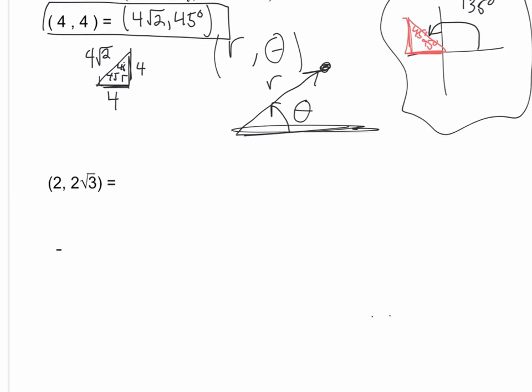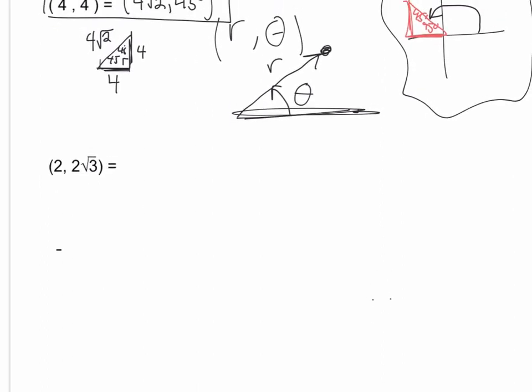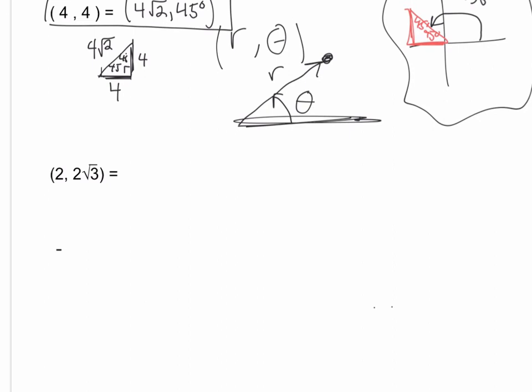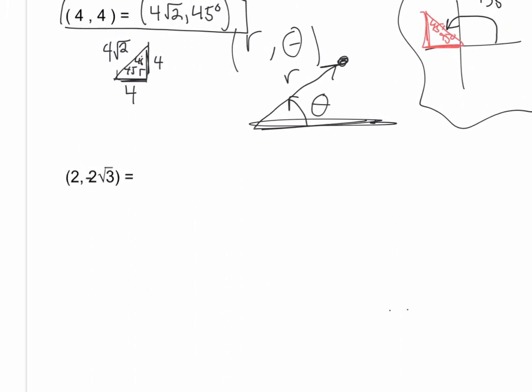Okay, let's look at the second one. If we're going to plot the point (2, negative 2 root 3), I would start at the origin, move to the right 2, and move down 2 root 3.